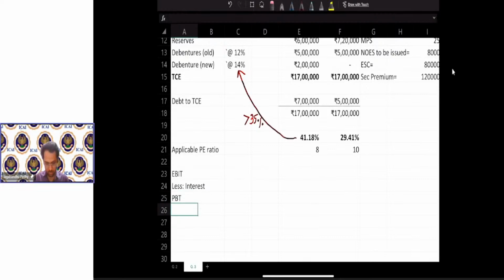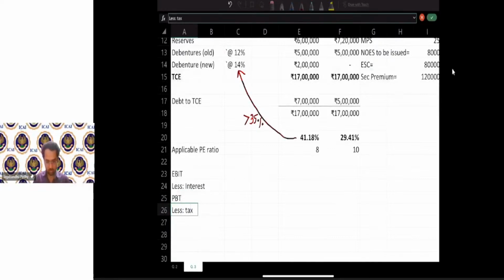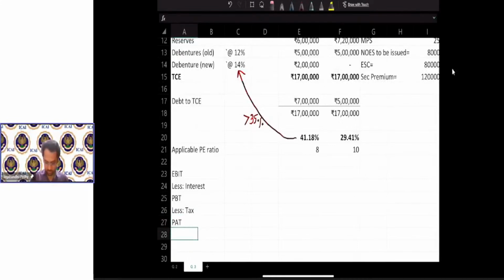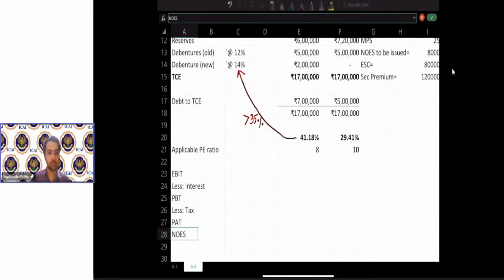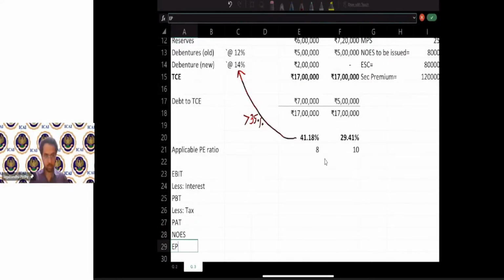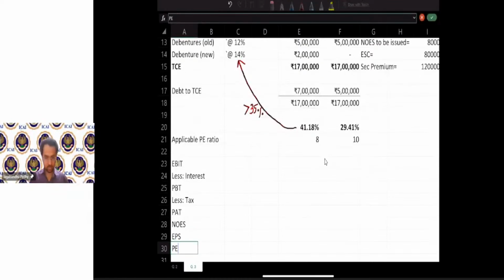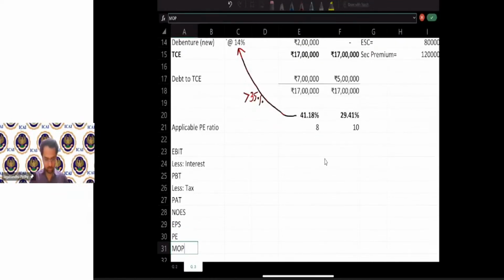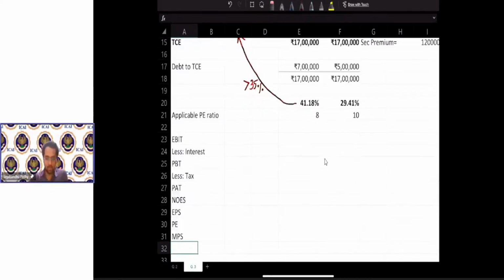Then less tax, you get profit after tax. Then we have the number of equity shares, EPS, P ratio, and then finally the market price.